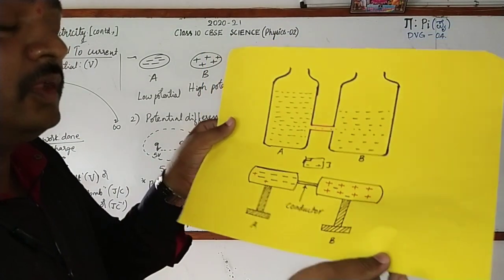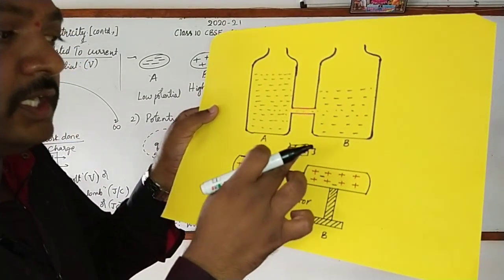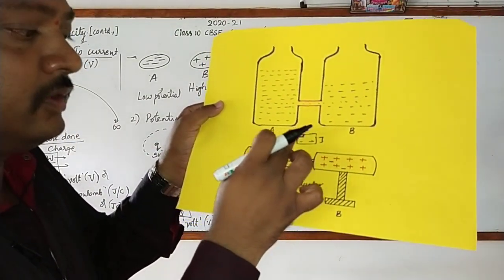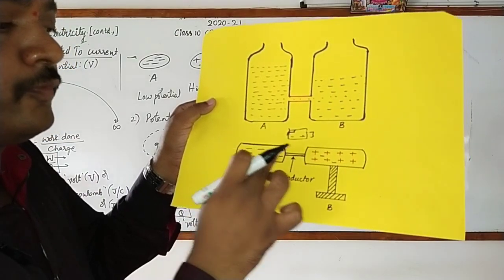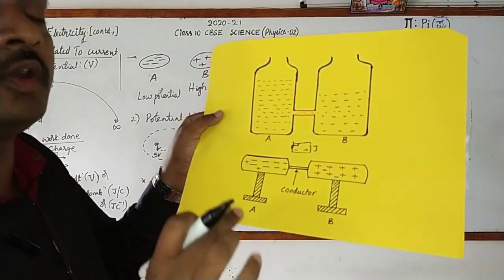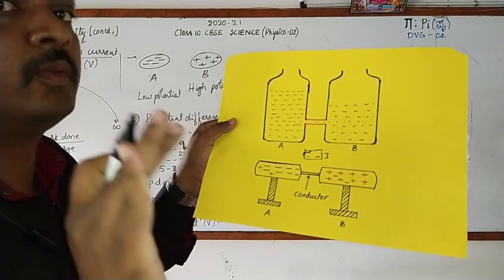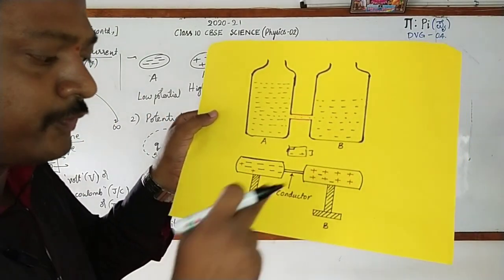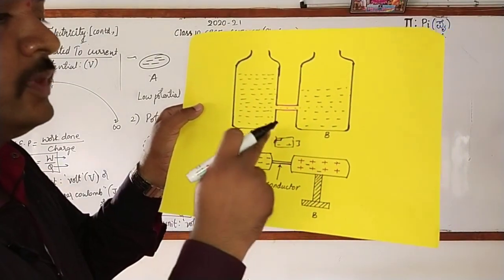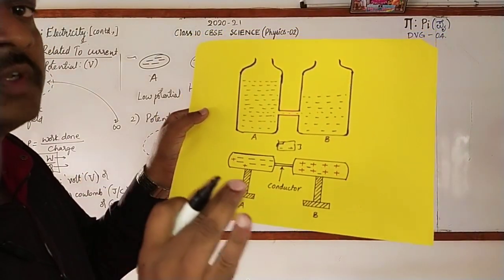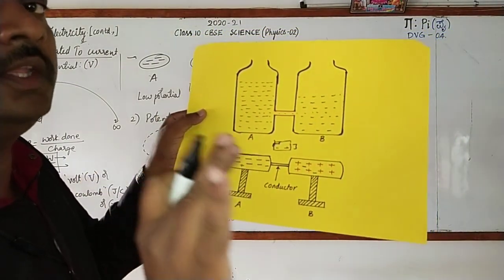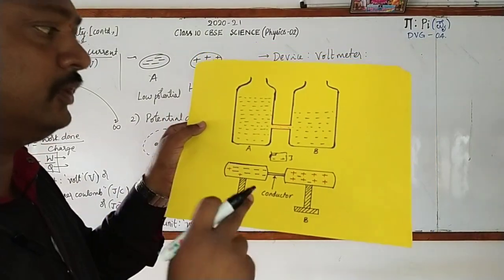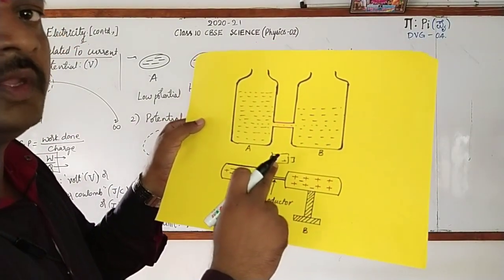Whatever energy is given by this cell to make the charge particles flow from A to B is called electromotive force. It is motivating the electrons to move from A to B. That is why it is called electromotive force, in short EMF. Now let me tell you the definition of EMF.